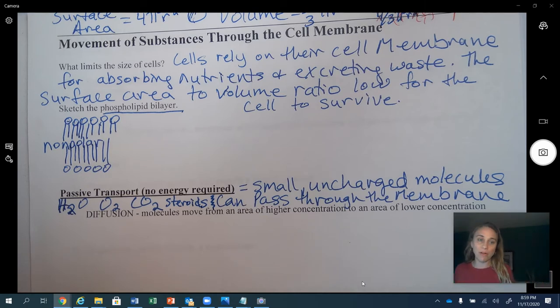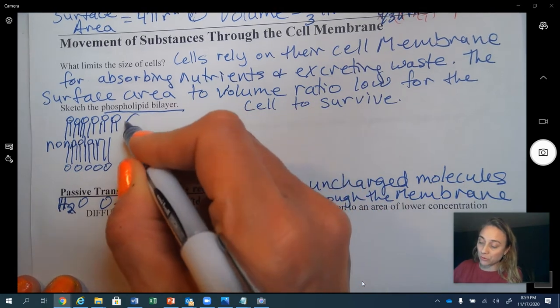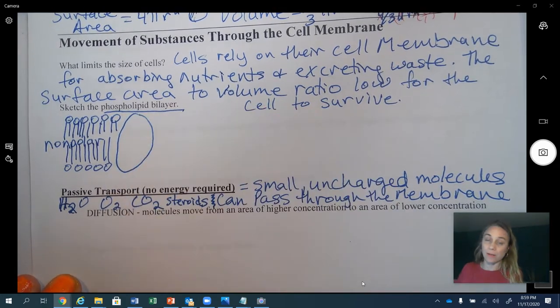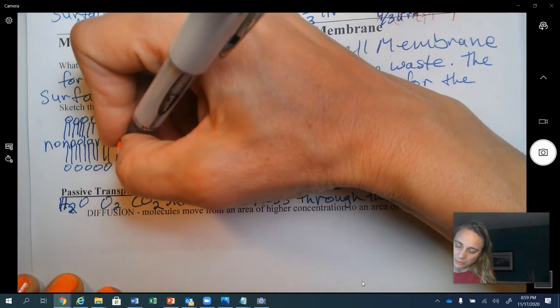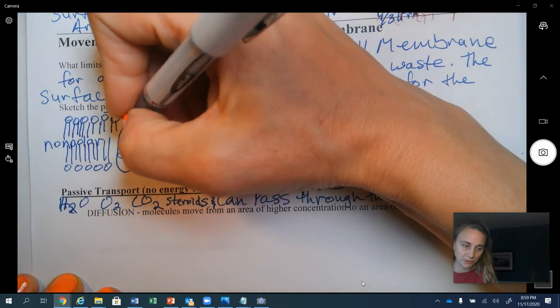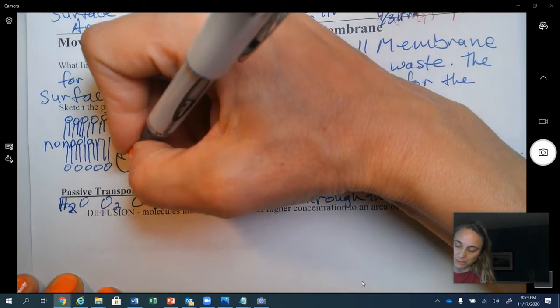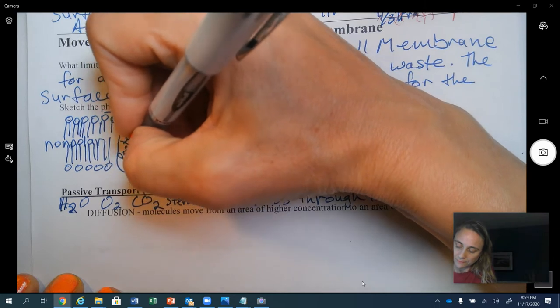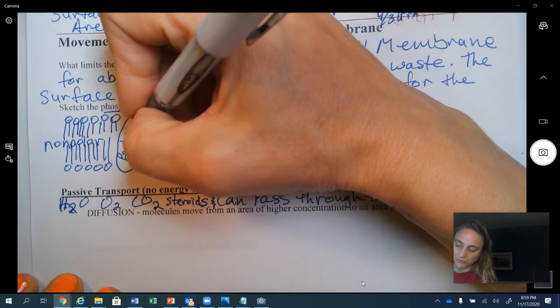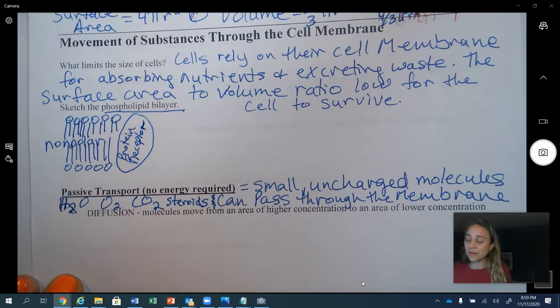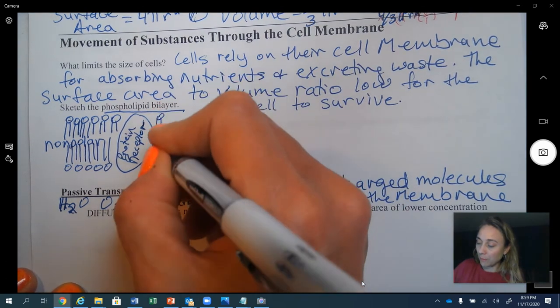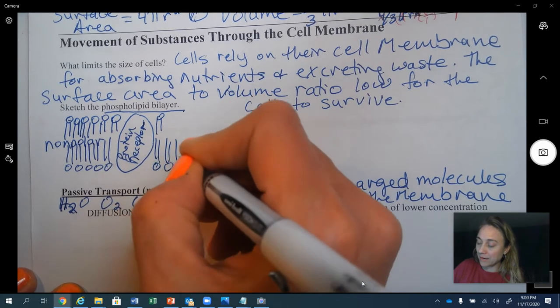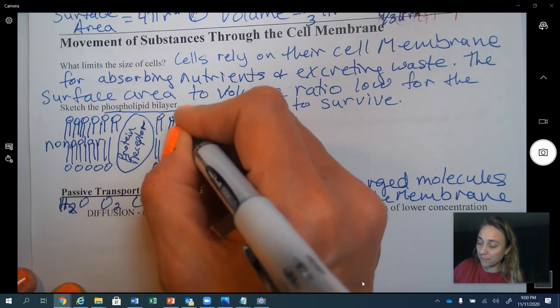But a lot of other molecules that are signaling molecules might associate with or interact with a protein receptor. So I'll just draw that just for grins, because that protein receptor can span an entire membrane. Remember, it's embedded in this phospholipid bilayer membrane.